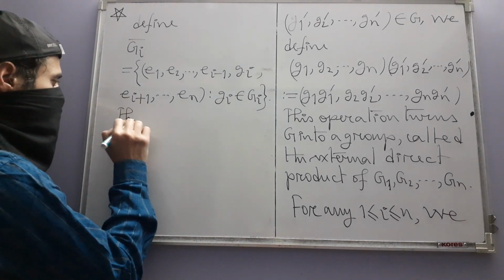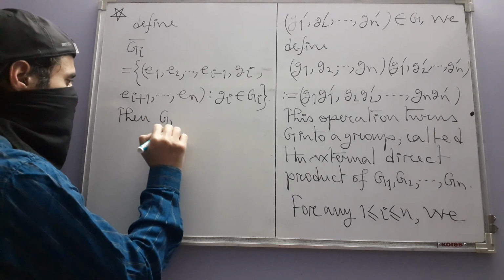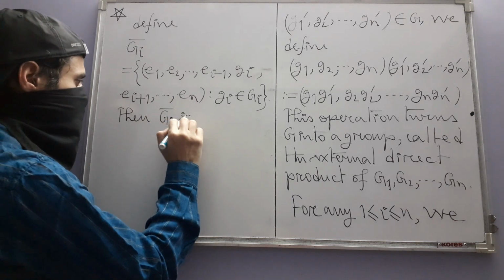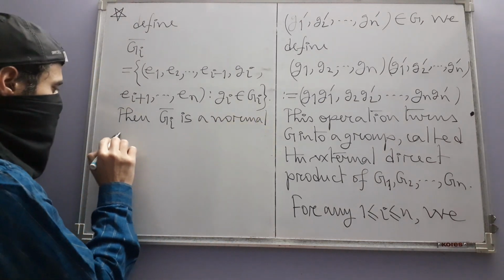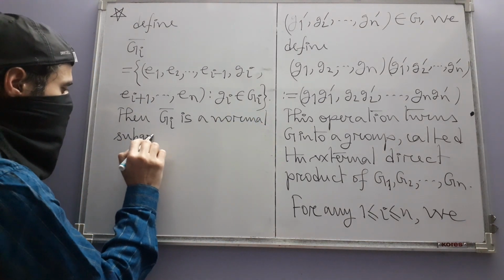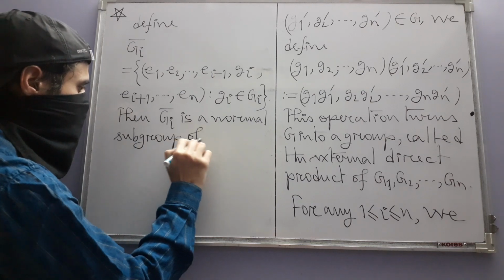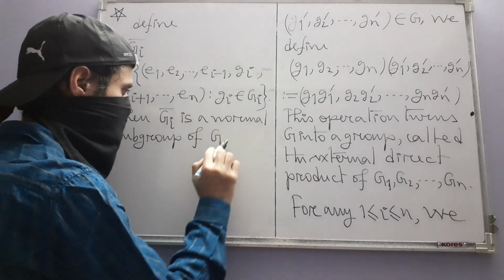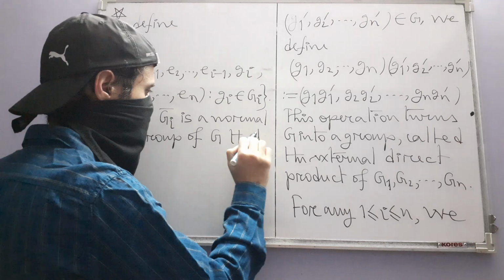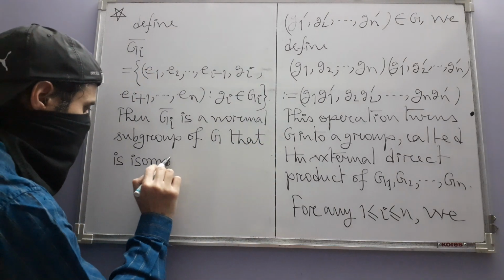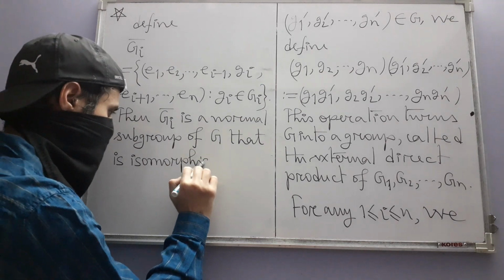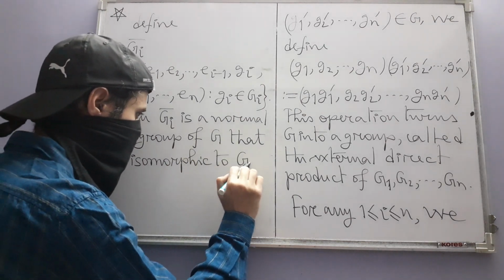Then Gi bar is a normal subgroup of G that is isomorphic to Gi.